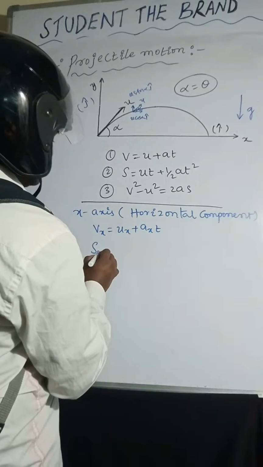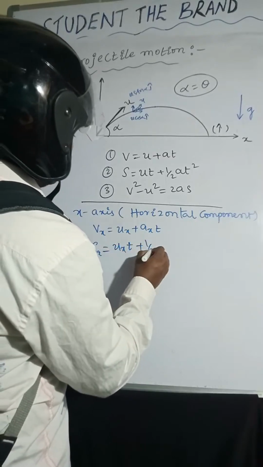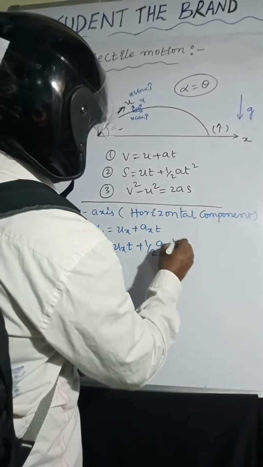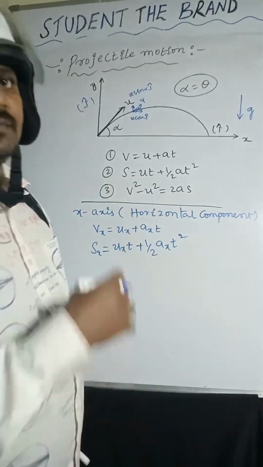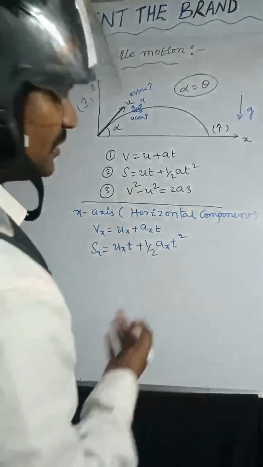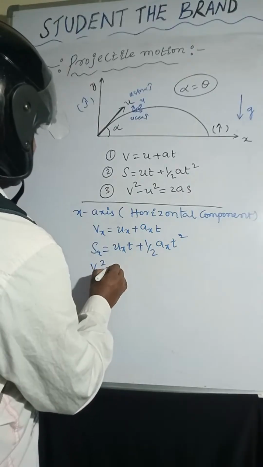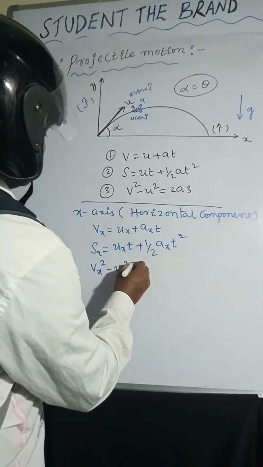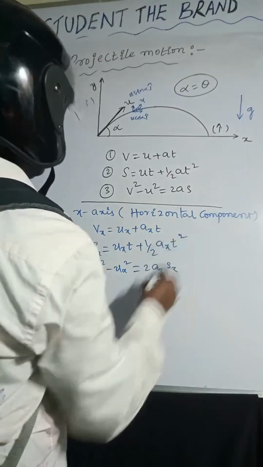Second one, Sx equal to ux t plus half ax into t square. Time is the same in any system, so no changes in time. Then Vx whole square minus ux whole square equal to 2ax into sx.